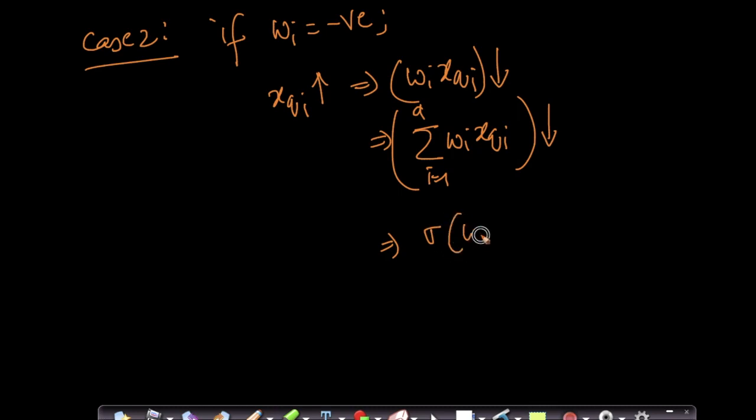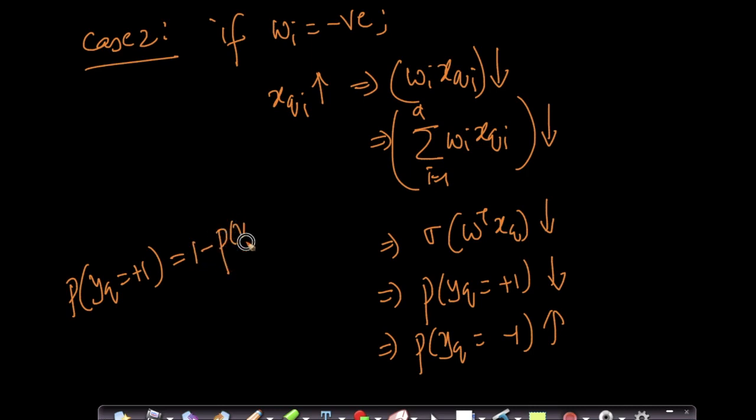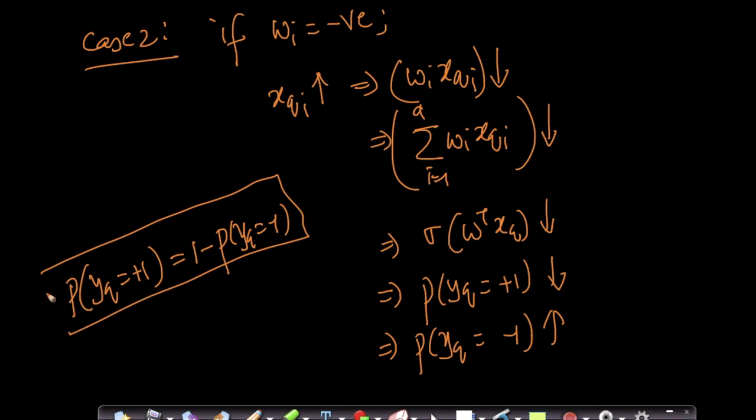Then sigma of W transpose xq also decreases, which means the probability of yq equals +1 decreases, which implies the probability of yq equals -1 increases. Because we should always remember, the probability of yq equals +1 is equal to 1 minus the probability of yq equals -1, because given a query point, it can either be positive class or negative class.